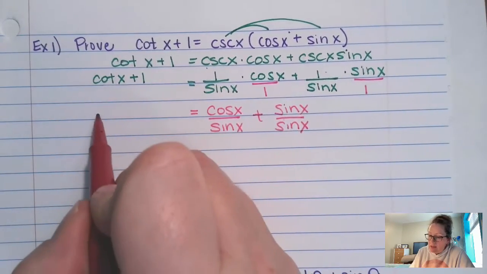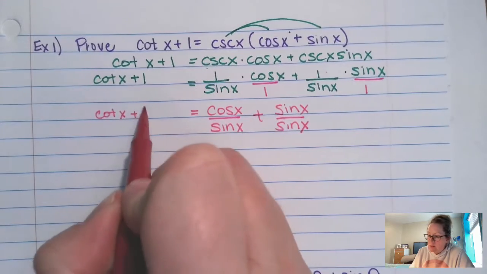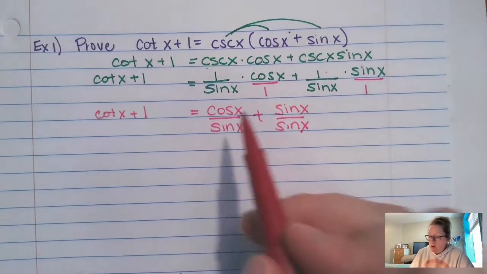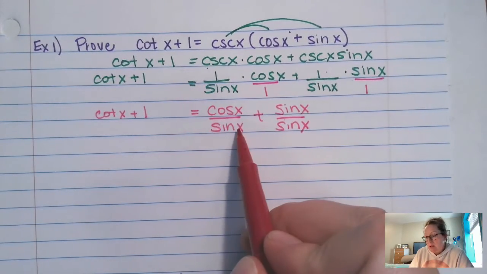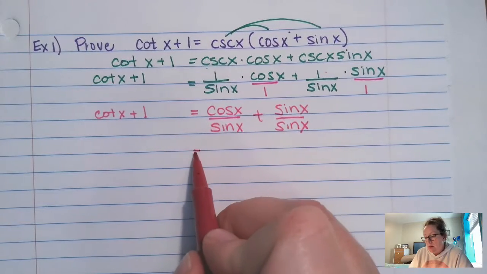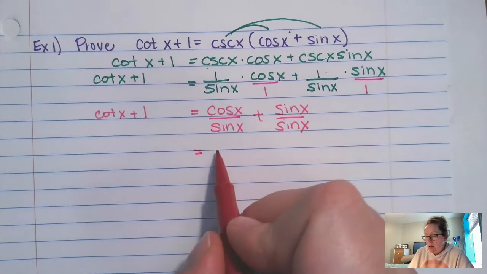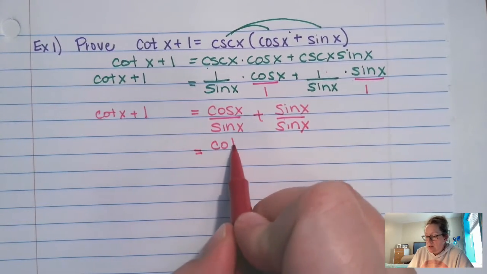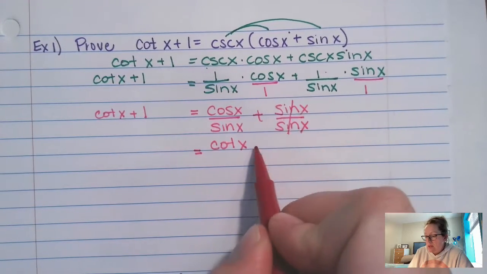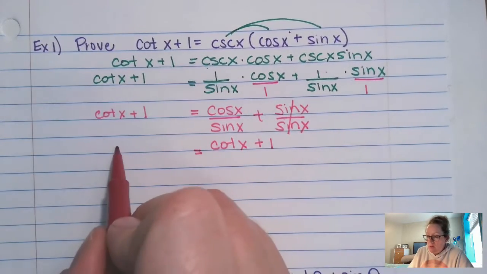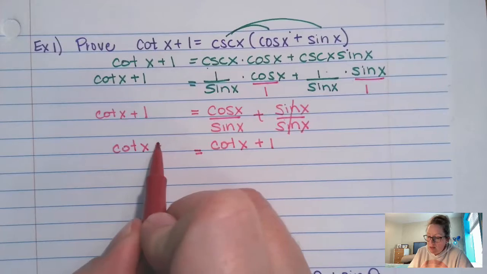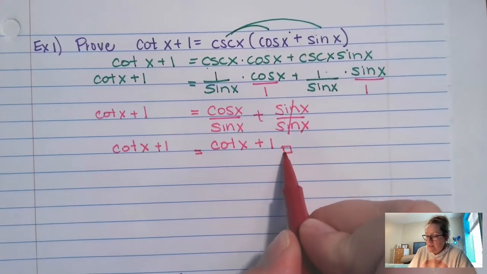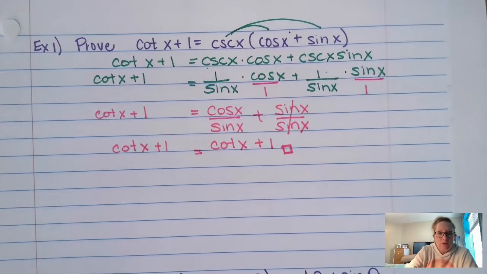Okay, and I want this cotan x plus 1. So can we rewrite cosine over sine? Yeah, that's a quotient identity. So that is cotan. Sine over sine cancel out to be 1. Oh my goodness, look what we got. The same thing. Bam, done with that one.